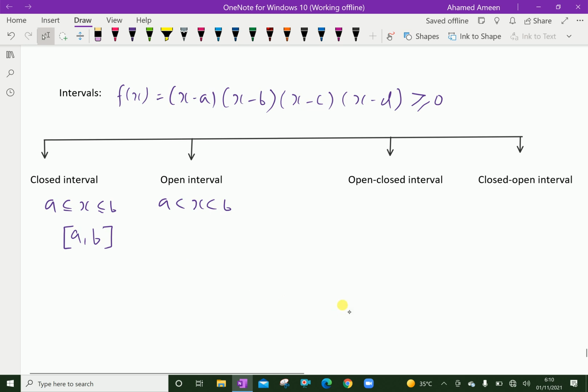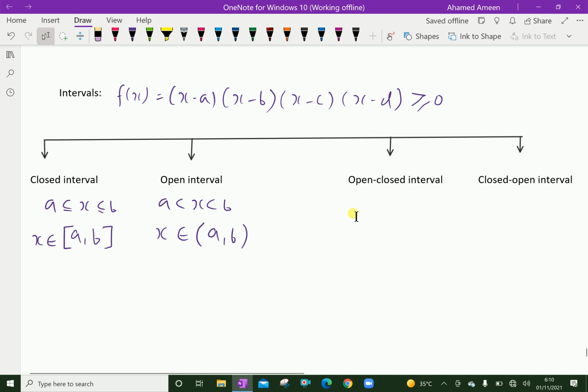Here we can write x is an element of the open interval, using the bracket a comma b. This means x can reach any value in between a and b, but not a and b. In the closed interval, x can reach any value in between a and b as well as including a and b.